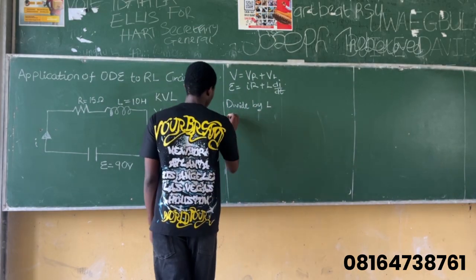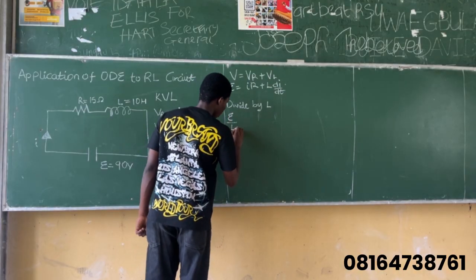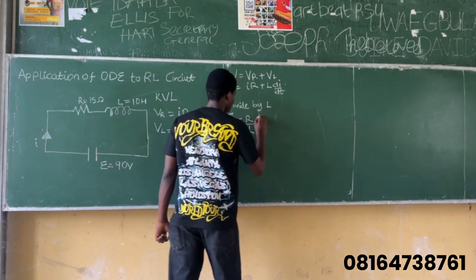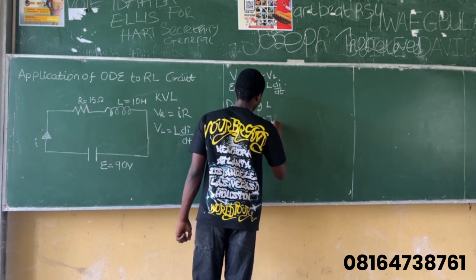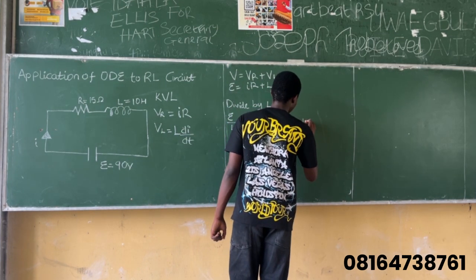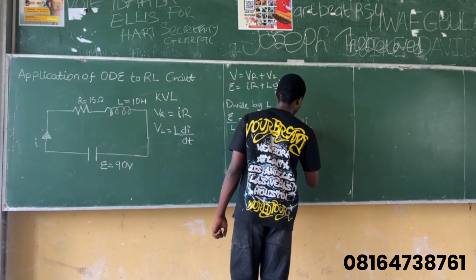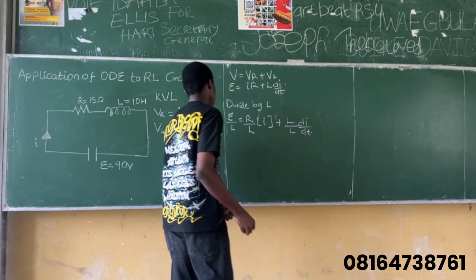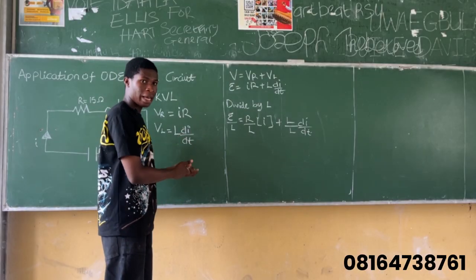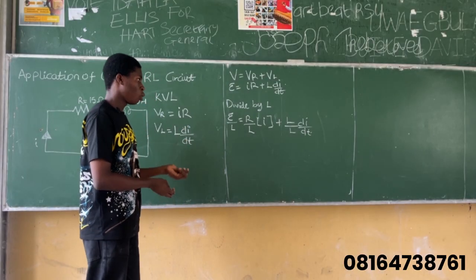So this will be E divided by L is equal to R over L I plus L over L di over dt. So now we have gotten this. You can see that this is looking like an ordinary differential equation already.